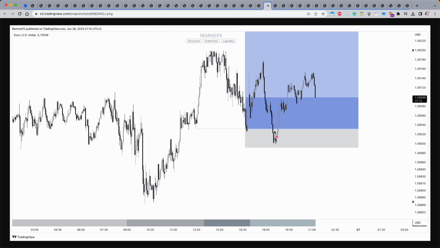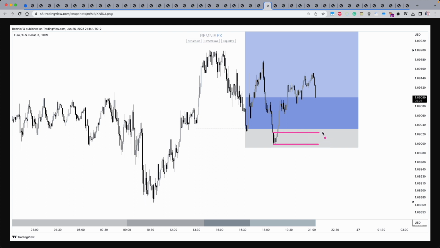Because this here, I believe, was it this one or the combination of these, I believe, yeah, right? So on the 3 minutes, we see a couple of candles here, right? But I will show it to you on the 15-minute time frame at the end, where I basically scaled in.